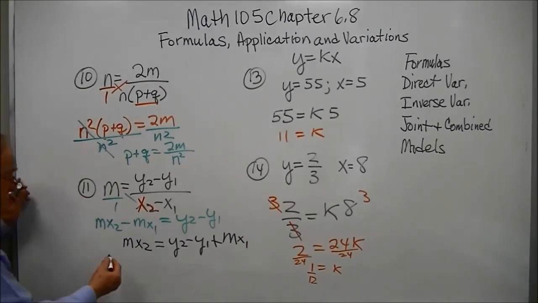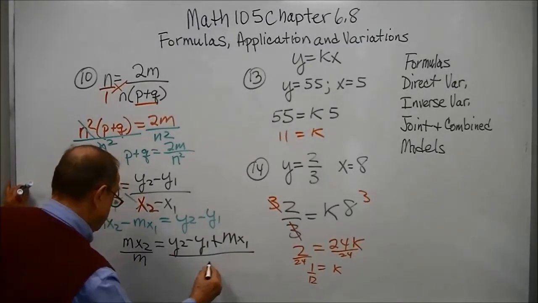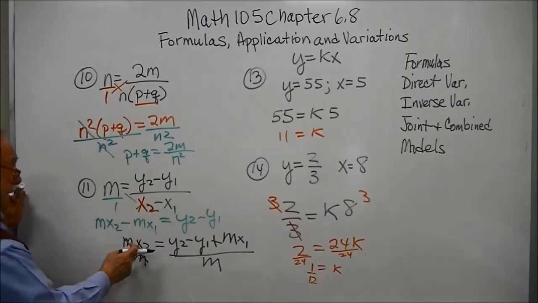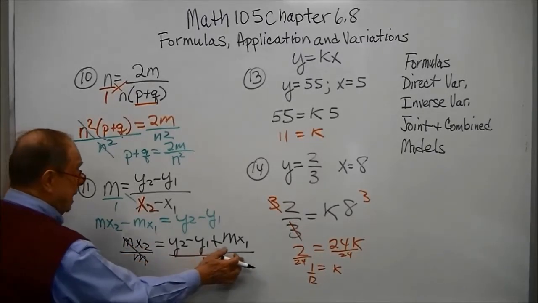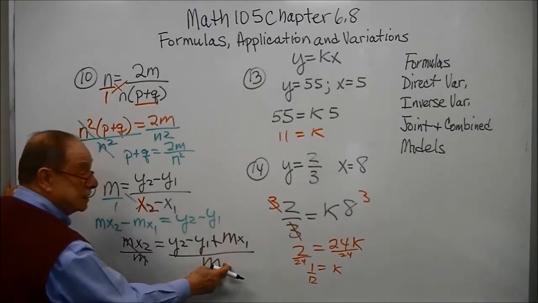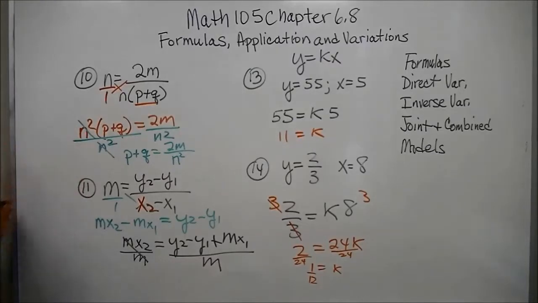And now we just divide everything by m. The m's cancel out, and we get x sub 2 equals that. Now, if you put the m under each term, here the m's could cancel out, but they didn't use that method before, so we'll leave it this way.